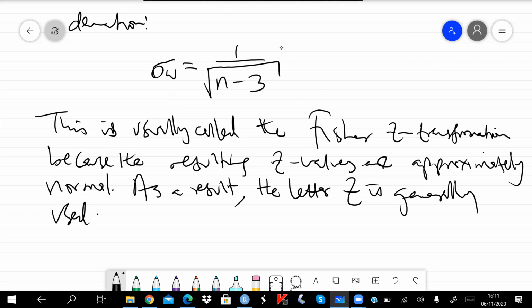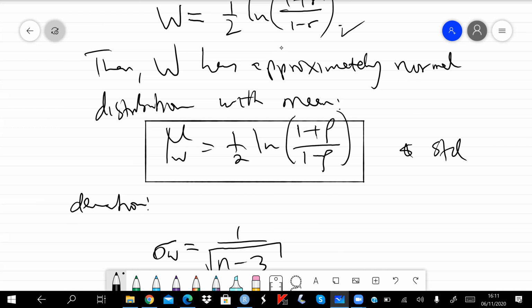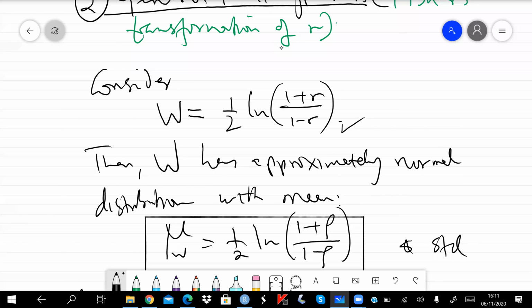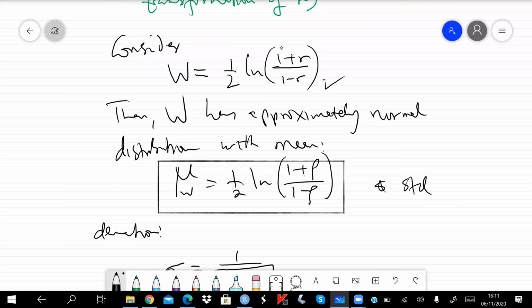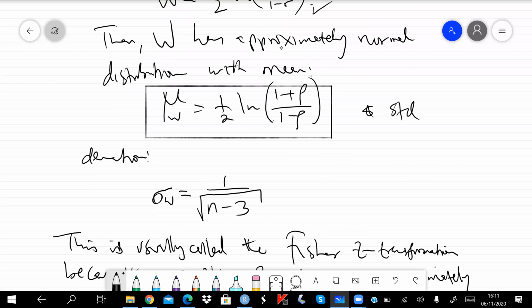There's a quick way of obtaining this Z, or W, using your calculators. I want us to note it down.